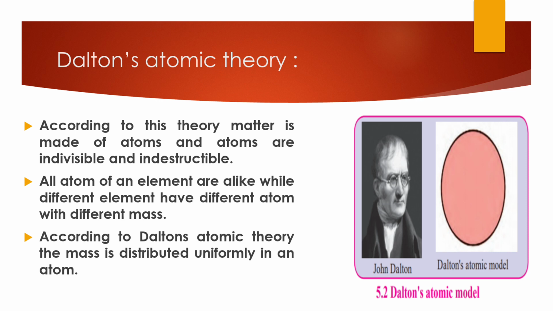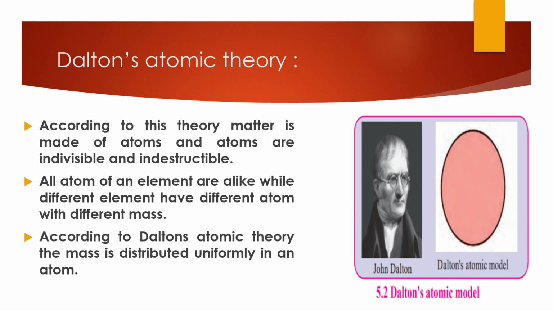Now, what is Dalton's atomic theory? According to this theory, matter is made up of atoms, and these atoms are indivisible and indestructible. Indivisible means we cannot divide that atom further, we cannot make two parts of the atom.